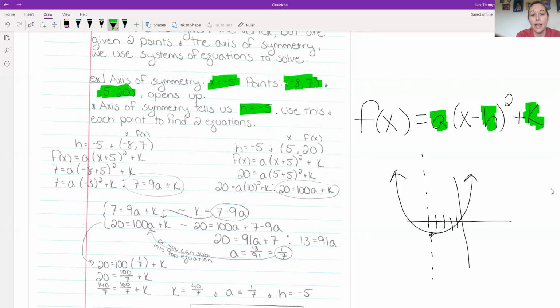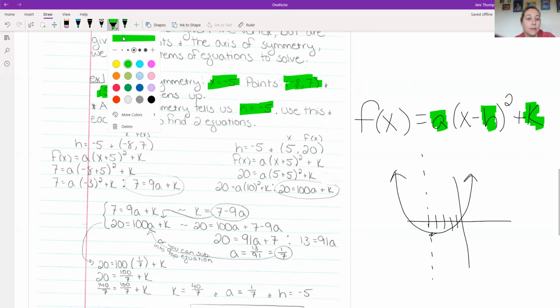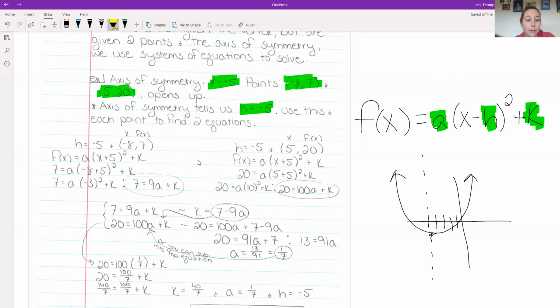So that means we know that h is -5. So we're going to use this and each point to find the k and the a that we need to finish writing this equation. So first thing we're going to do is we're going to use our first point here.